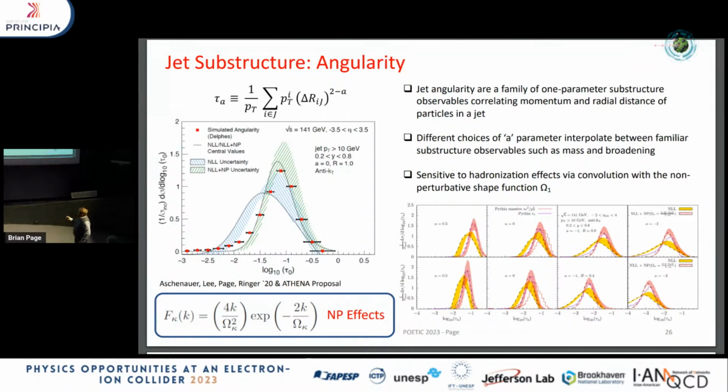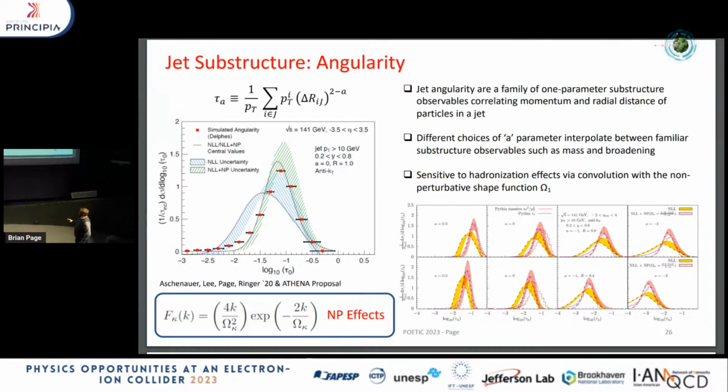You can do this as a function of jet pT and this parameter a, which you can think of as shifting between some of the traditional substructure variables, such as mass and broadening and things like this. So you can map this out in some detail.